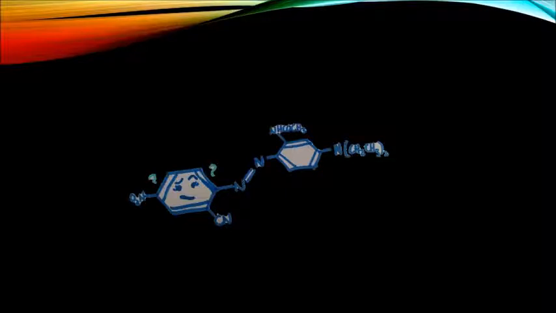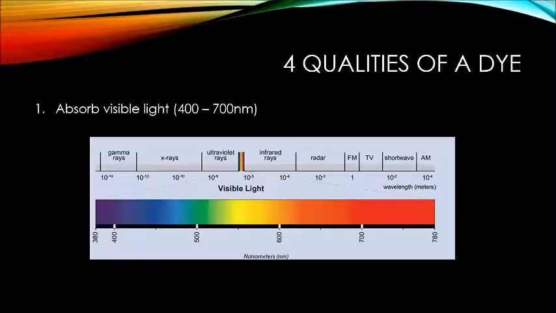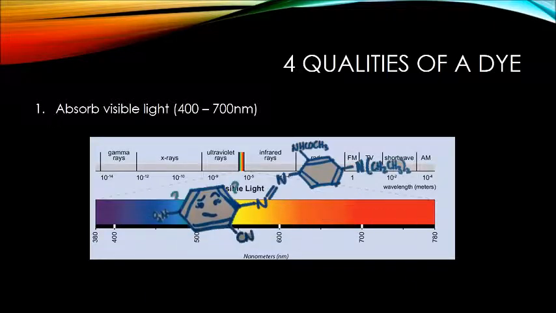Listen, Dina, there are 4 main qualities that make you a dye instead of a regular organic molecule. First, you absorb light in the visible spectrum, meaning you absorb wavelengths between 400 and 700 nanometers. But narrator, why do I absorb visible light, but my friends don't?